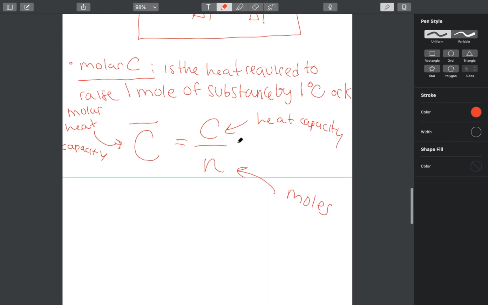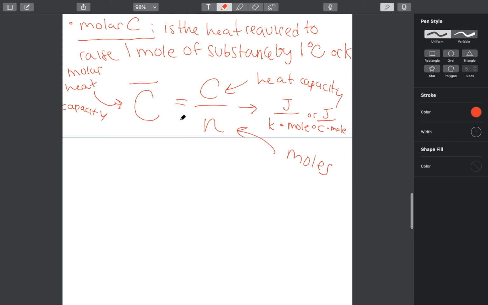And the units for molar heat capacity are joules per Kelvin times moles, or joules per degrees Celsius times mole. So we can use what we know here and plug it into our equation above. Recall that the heat capacity is equal to delta H over delta T under constant pressure.